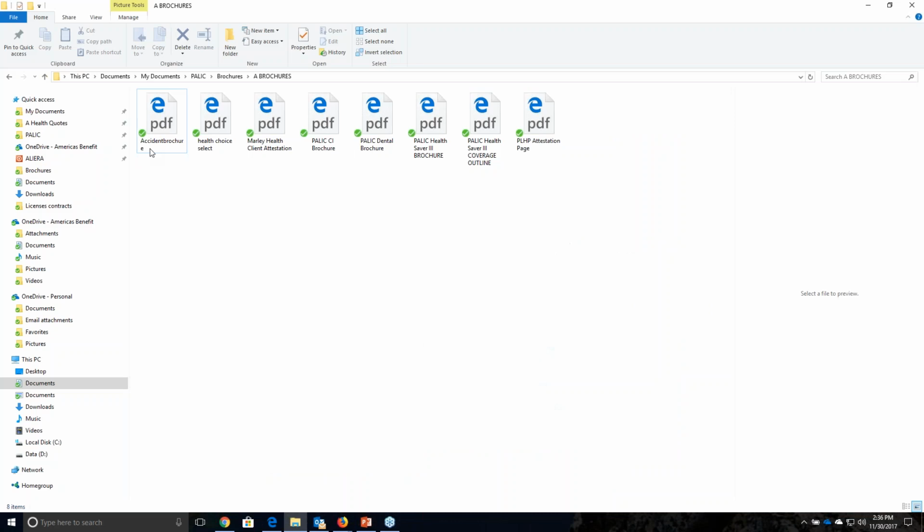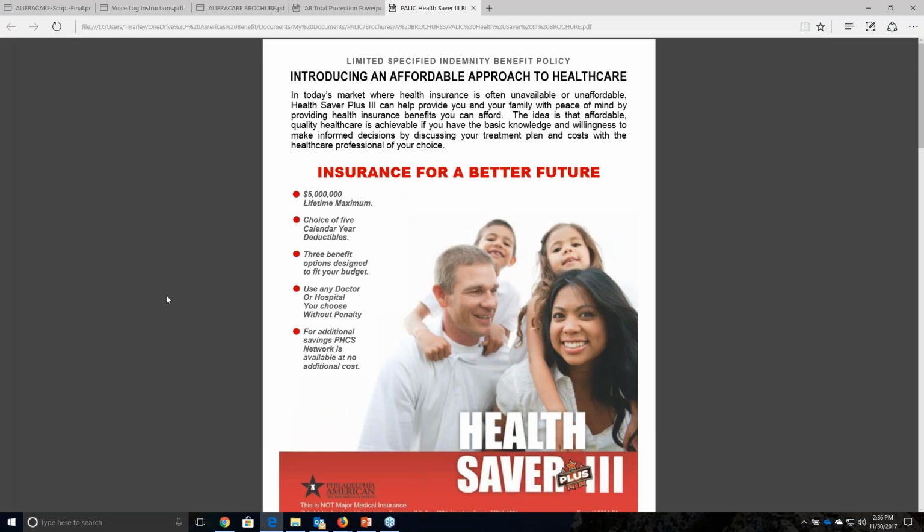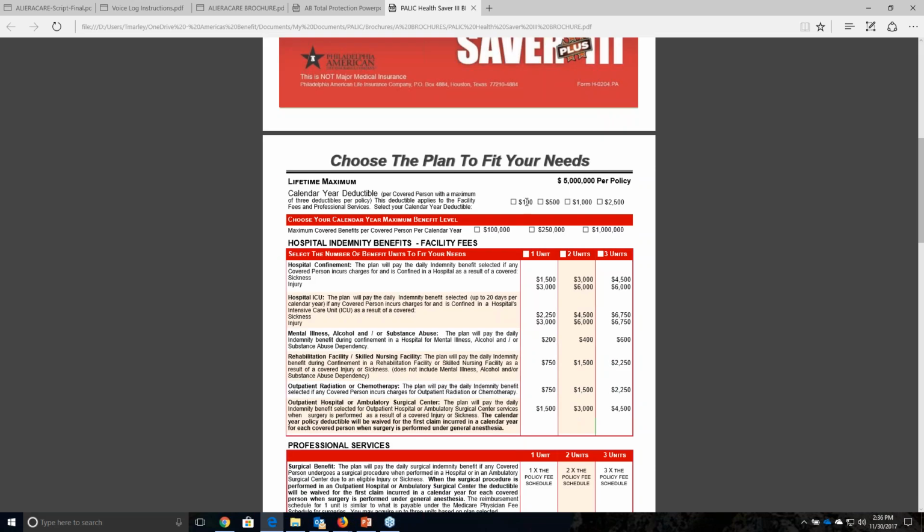All right, so first thing is we're going to go over some of the products. The number one product that we are using is this Health Saver. That's the one that the brochure and the presentation is based off of. As you can see, $5 million lifetime maximum. You can choose your deductible of $100, $500, $1,000, or $2,500.